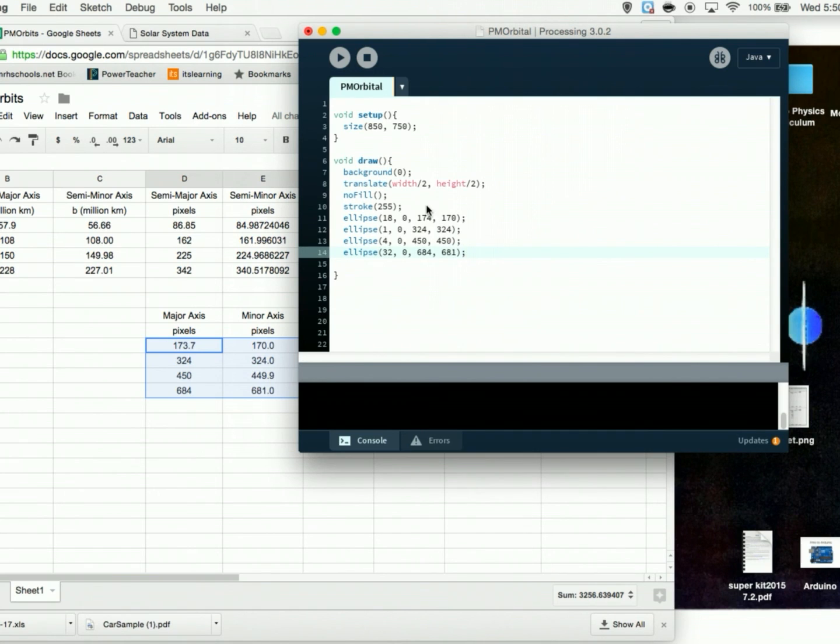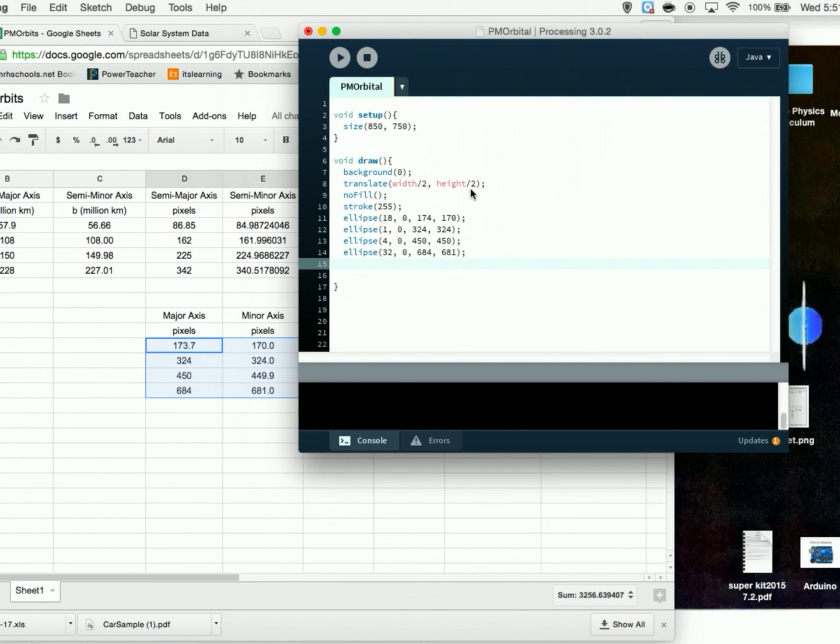Okay, now for the hard part. We want to set up our parametric equations basically into an ellipse function that draws circles. So we draw circles representing the planets, and then we build in the parametric equations in the position of those ellipses.